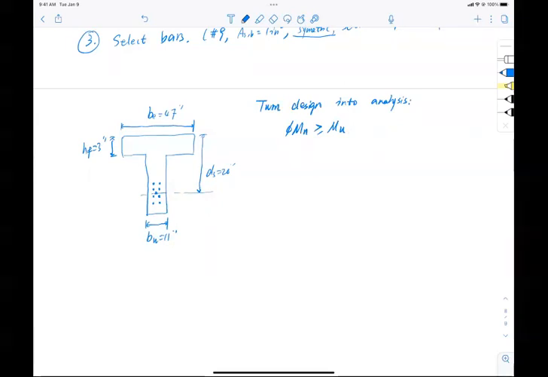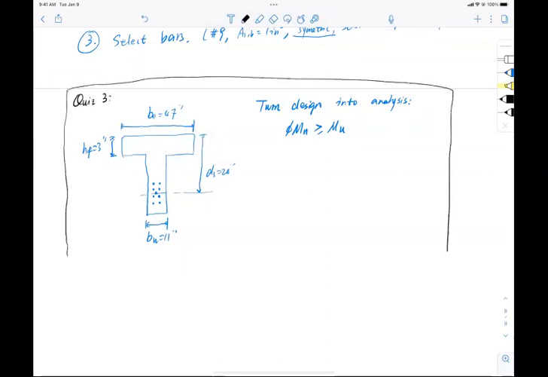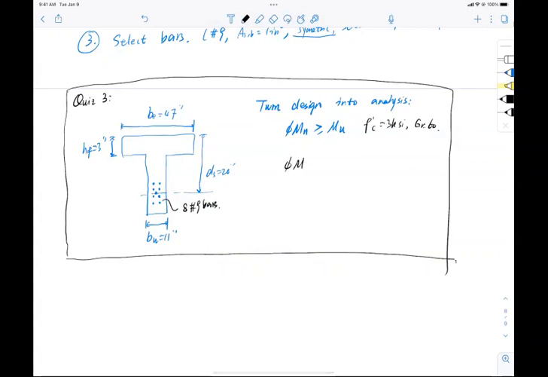Now, before I let you go, this actually will be our quiz number 3. So we're just going to label it here, quiz number 3. If you have a section, and the section is given: B is 47 inch, flange is 3 inch, DS 20 inch, web is 11 inch, and knowing that F prime C is 3 KSI concrete, and yield strength of steel is grade 60, and I have 8 number 9 bars, I need your help to find phi MN.